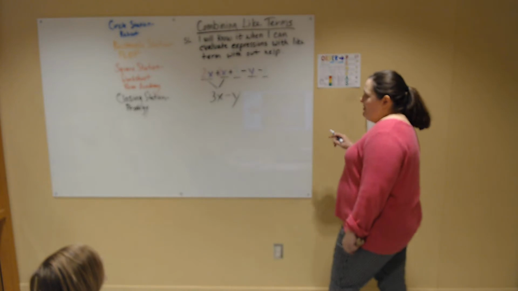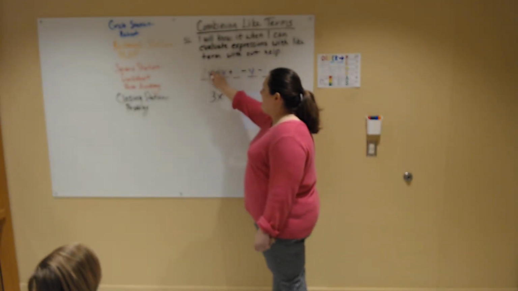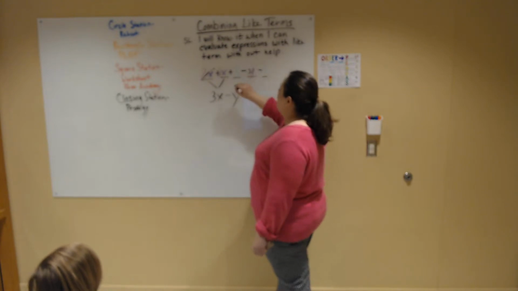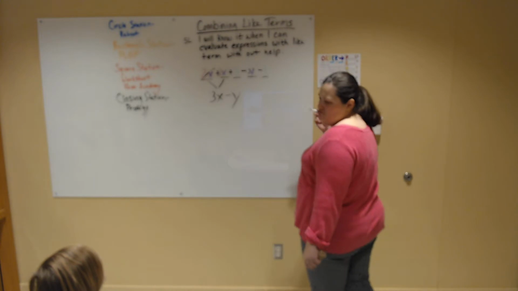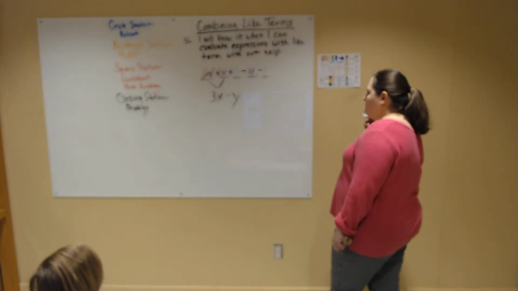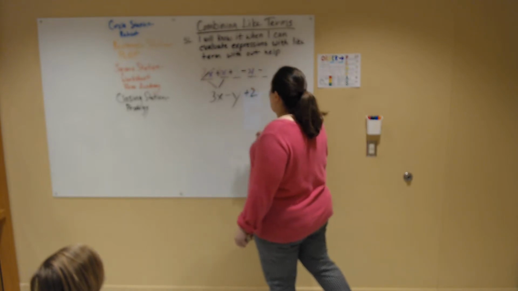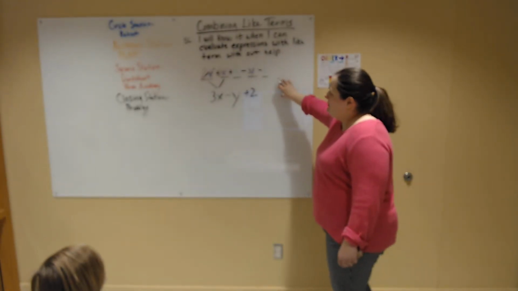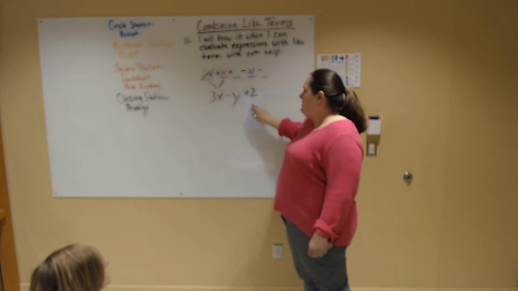We've gotten rid of the x's. Negative 1 and 3. So what is 3 minus 1? 2, correct. So our expression has then turned into 3x minus y plus 2.